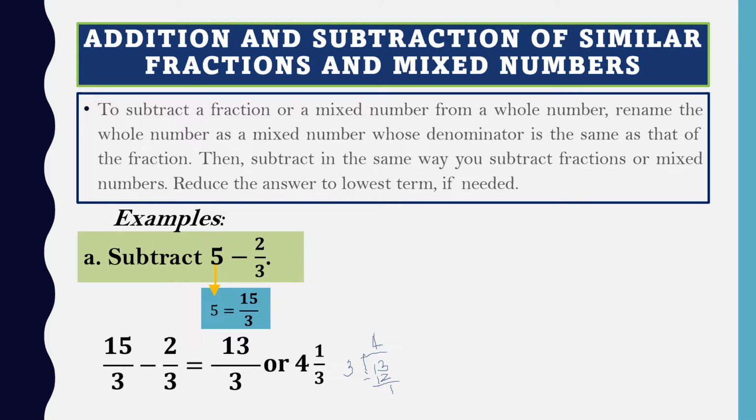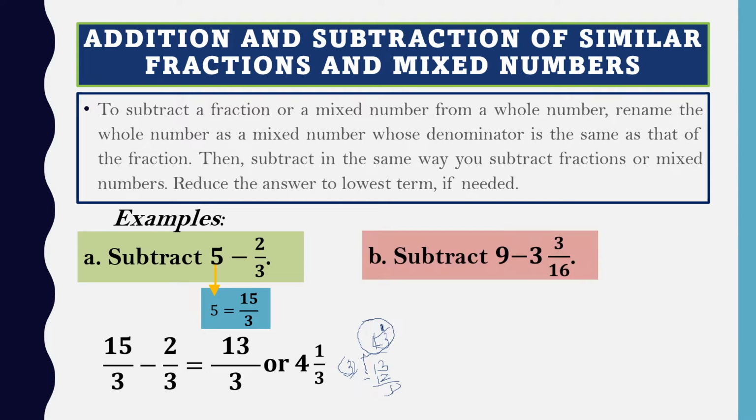That is actually the remainder, but we express the remainder and our divisor as a fraction. So we copy our whole number 4 and then put the remainder in the numerator, and the denominator is the divisor, which is 3. That's why the answer here is 4 and 1/3.